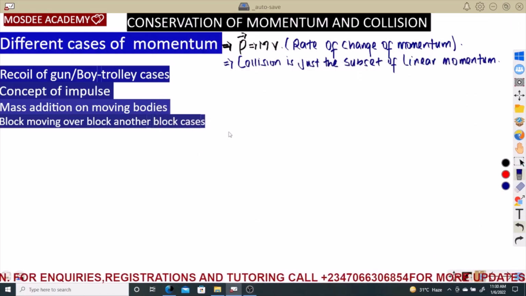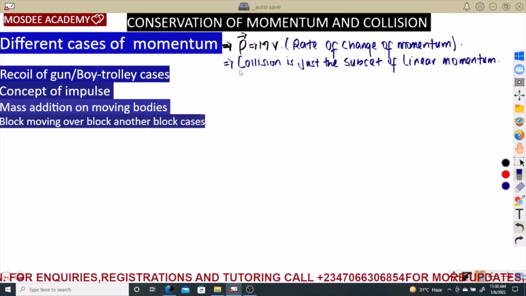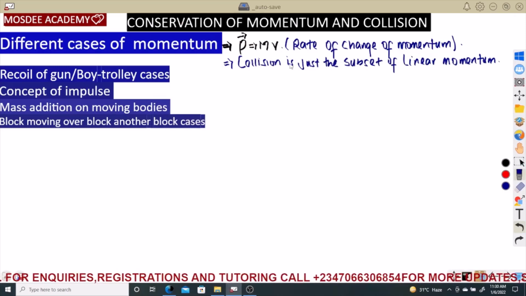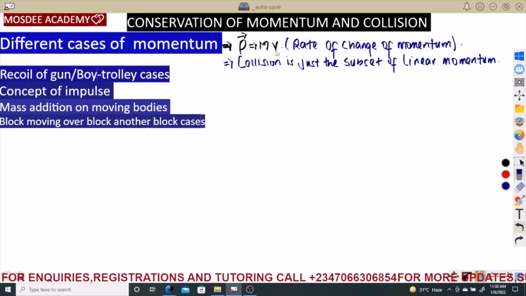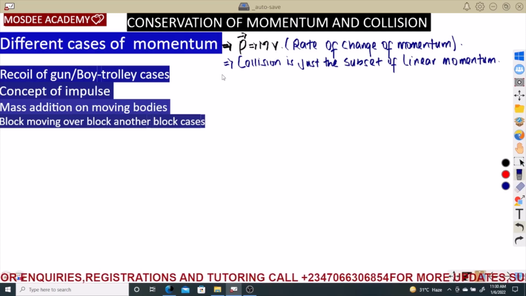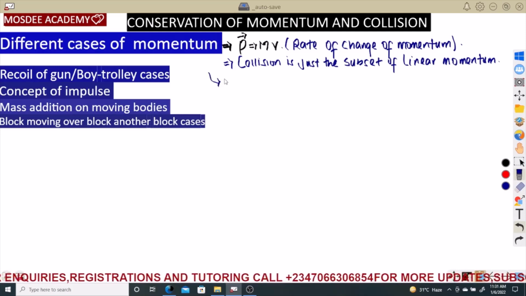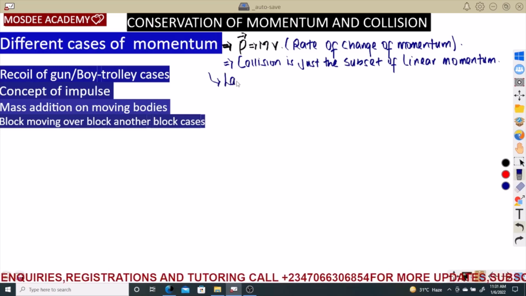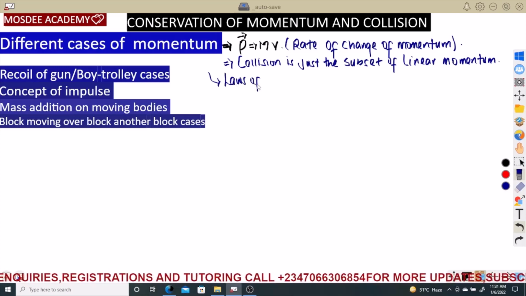Sorry about that. Now, like I said, collision is just the subset of linear momentum. For every momentum change, or for two or more bodies in case of momentum, when bodies collide, there is now what we call the general law you've learned from class 9. I'm sorry, I'll be a little bit fast. That there is what they call the law of conservation of momentum.